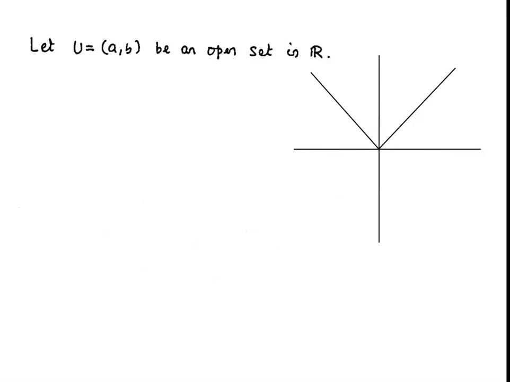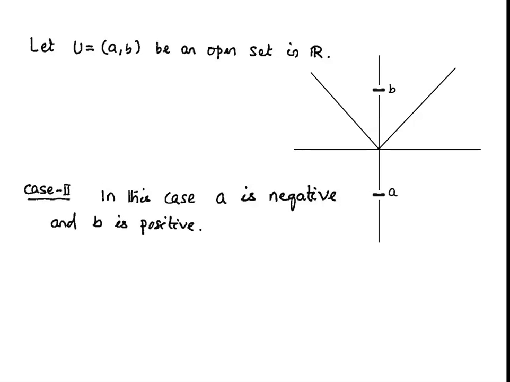Now in the second case, A is negative, B is positive. So here we have A, which is negative, and B is positive. Now let us check what is inverse image of this open interval AB.